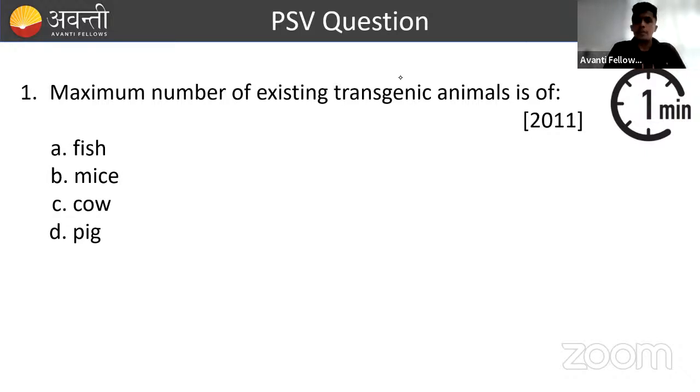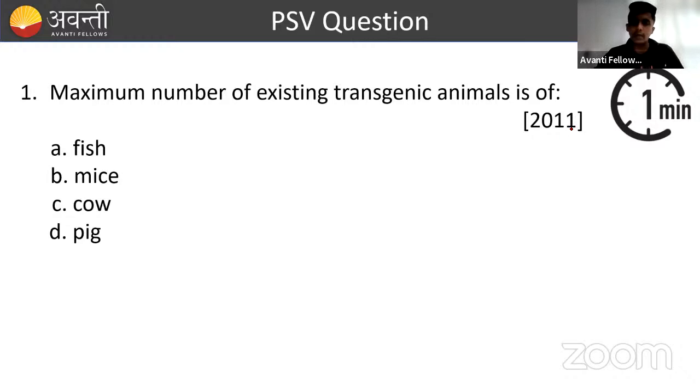Question is, maximum number of existing transgenic animals is of. So which is the animal which is used as a transgenic one in highest number? Okay, we have 3 seconds and I will end the poll now. Okay, so your minute is over.